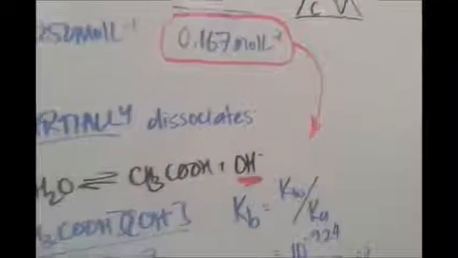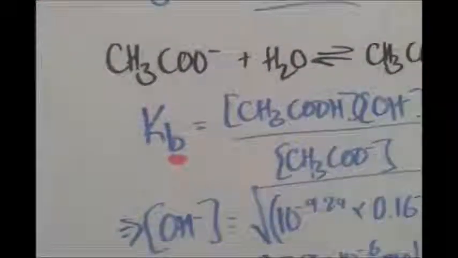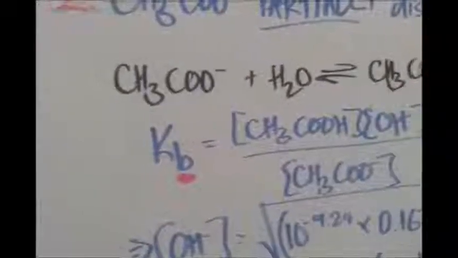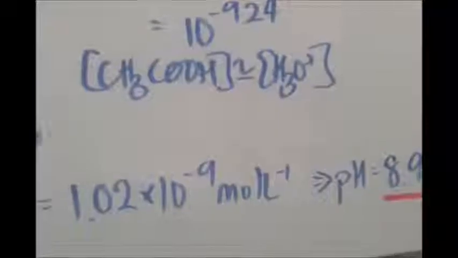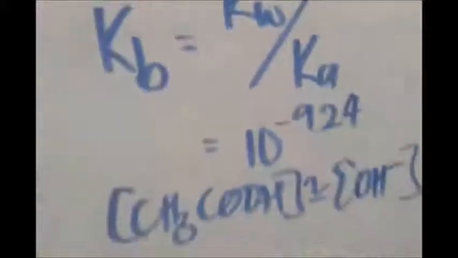Because hydroxide is being made, it's going to be a Kb expression. So we're going to make a couple of assumptions. One is that the concentration of the acid being made and the, sorry, I put hydronium there, it's meant to be hydroxide, are going to be the same. The other thing is that the concentration of the ethanoate ion is going to stay at the original value.